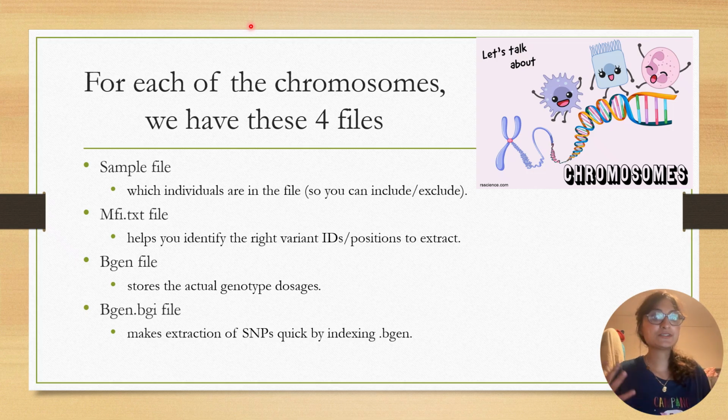The .bgen will store the actual genotype dosages, because here we're using the imputed data in this example, so there'll be genotype dosages between 0 and 2. And the bgen.bgi will make the extraction nice and quick by indexing the .bgen. So this is the information that we have, these 4 files for each of the chromosomes.